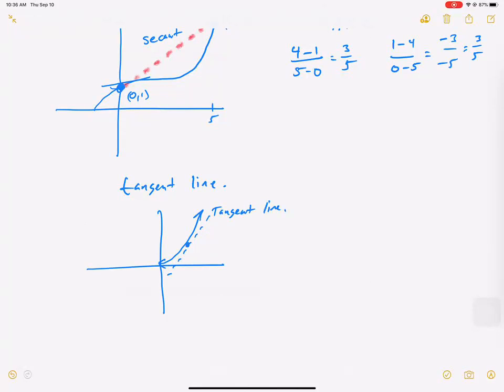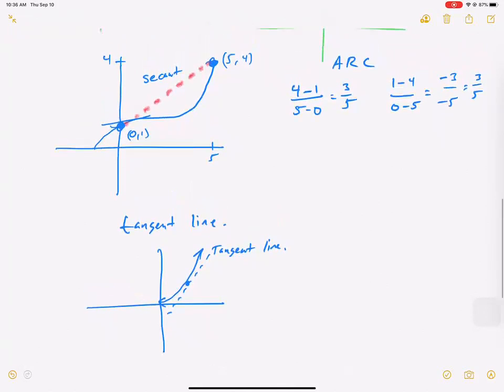Okay, so our goal of talking about secant lines is pretty much, this is from Algebra 2, and Algebra 1, pretty easy. Now we're gonna transition that from a secant line to a tangent line, okay? A secant line to a tangent line.